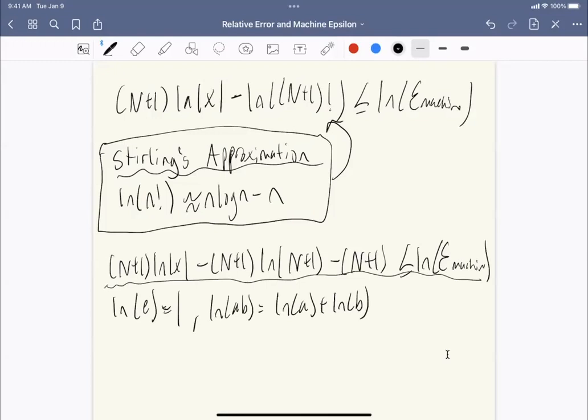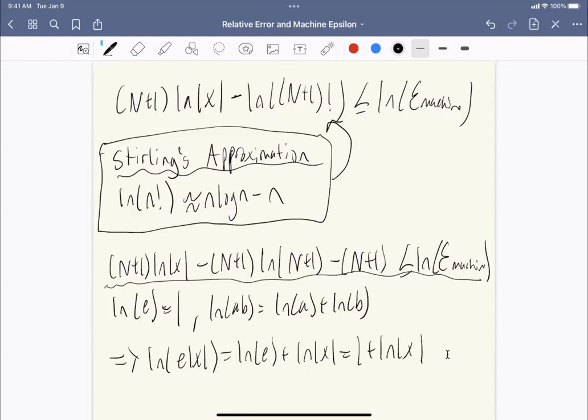So we know that the natural log of e times the absolute value of x must be 1 plus ln of x. Let me write it out a little clearer: the ln of e plus the ln of x is equal to 1 plus ln of x. Now, why is this useful?